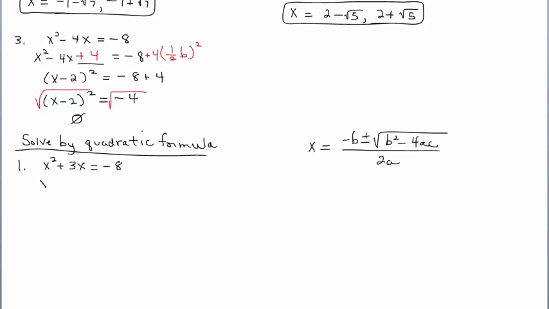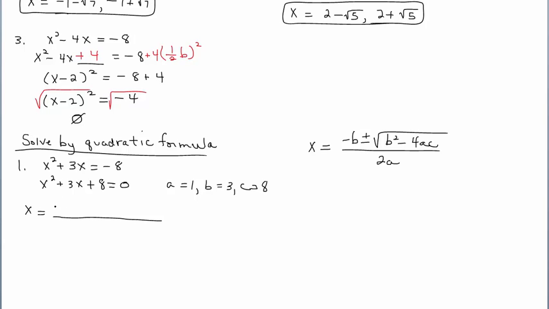Let's put this equation in general form. The reason being is we have to identify the a value, the b value, and the c value. So a is 1, b is 3, and c is 8. So I'm going to come over here and underneath, since I've got the formula right here to the side, I'm going to just start plugging in my values.